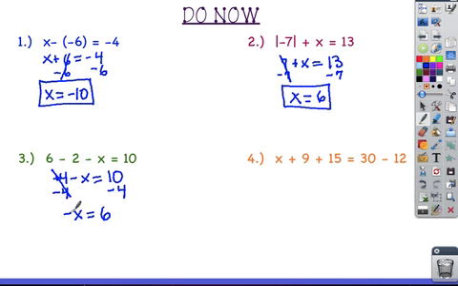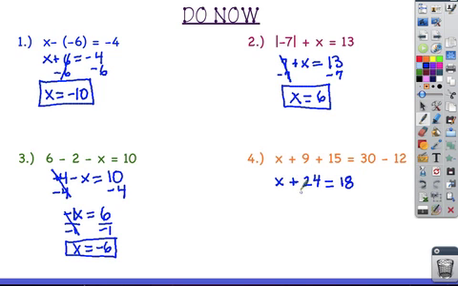You can think of negative x as being negative 1 times x. So we now divide both sides by negative 1, and we're left with x equals negative 6. Number 4, we begin by combining like terms. 9 plus 15 gives us 24, so we have x plus 24 equals 30 minus 12, which is 18.